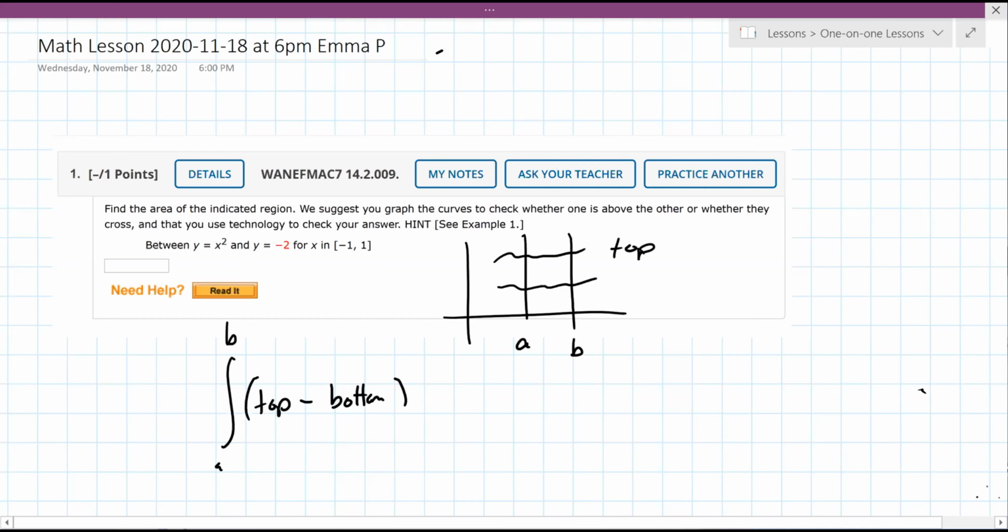So you could graph these, you don't have to, but we know x squared looks like this, and we know y equals -2 looks like this. So we're graphing this region in there.